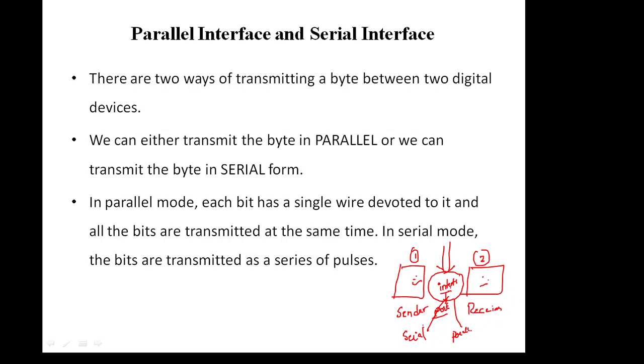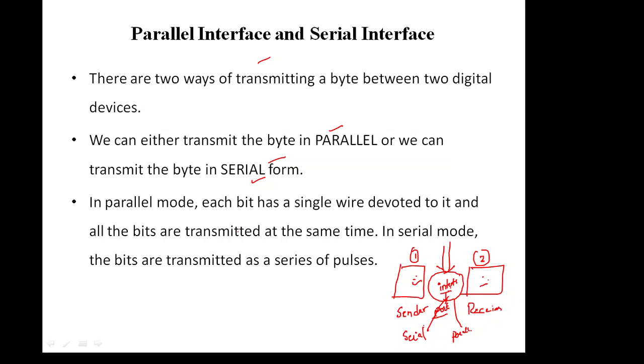This interface is of two types, serial and parallel. So we can transmit the data either serially or in a parallel fashion. There is no specific rule that we have to transfer the data in parallel mode or in serial mode. Based on our convenience and the circumstances, we transfer the data serially or in parallel mode.